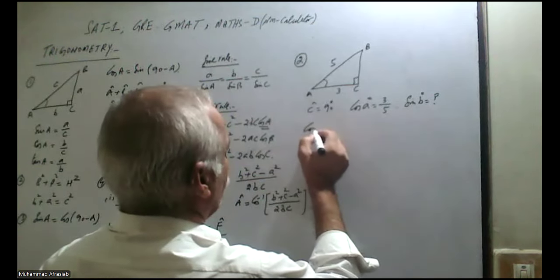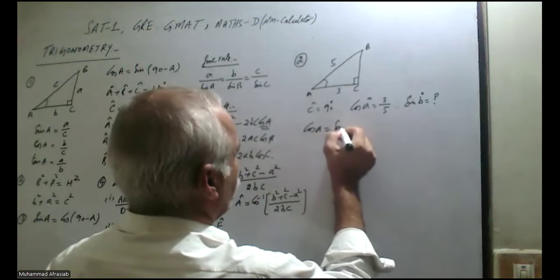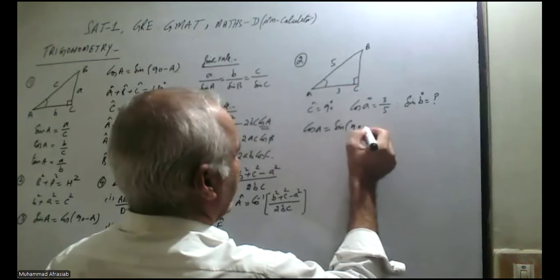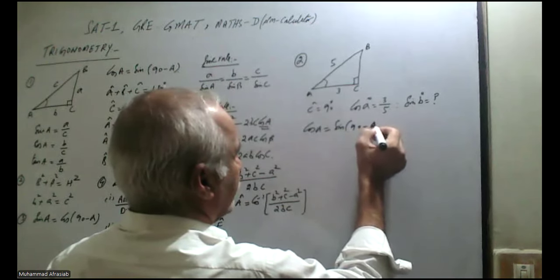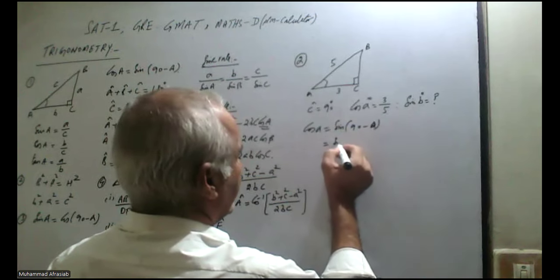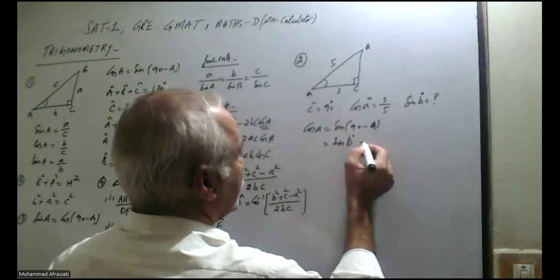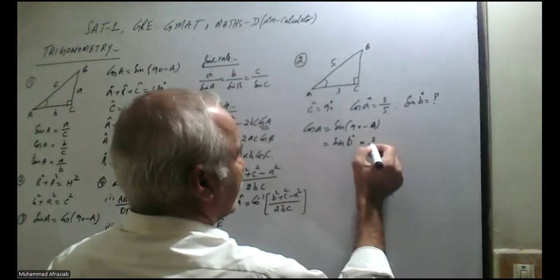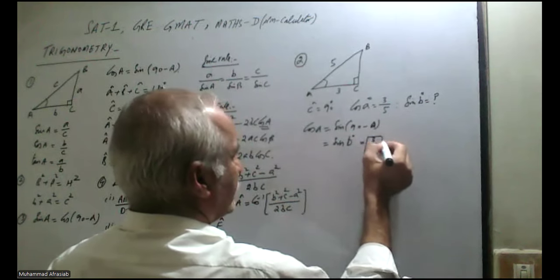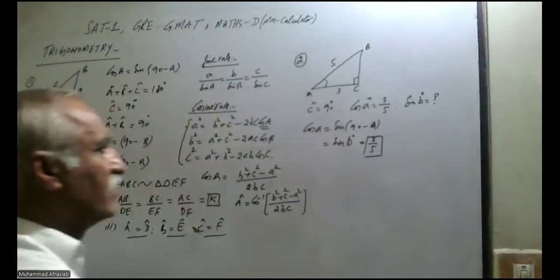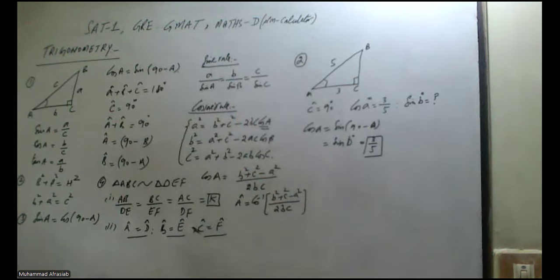So cos of A should be equal to sine of 90 minus A, which is equal to sine of B. So sine of B must be equal to 3 by 5 because it is given. So you can have this choice for question number 2.